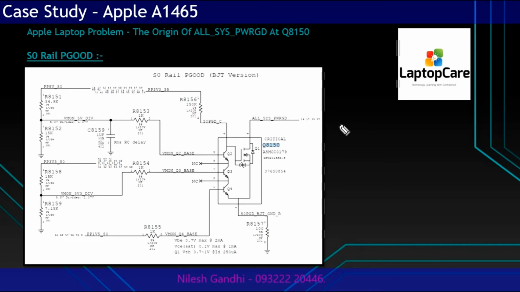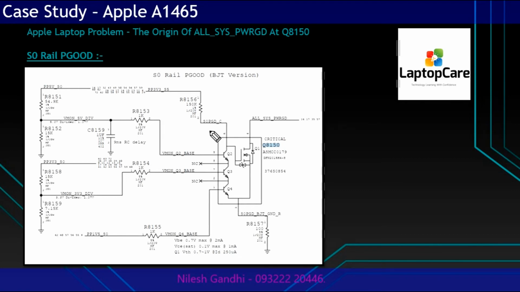If we want 3.3 volt output at this all sys power good signal at pin number 4, which is necessary, this particular MOSFET Q1 should be in the off condition, and to put this MOSFET in the off condition, the gate should be low. To make this gate low, we must have all the 3 transistors in the on state. If all 3 transistors are on, then we will have a low signal at the gate of Q1.